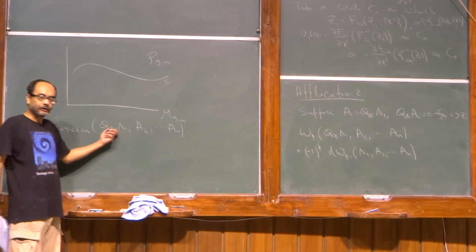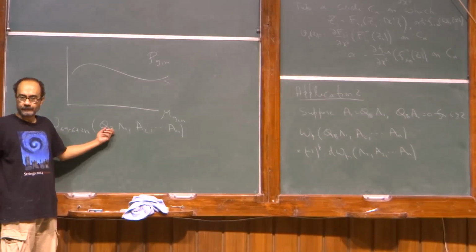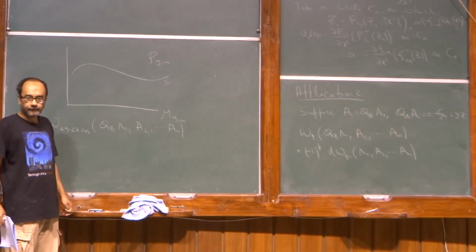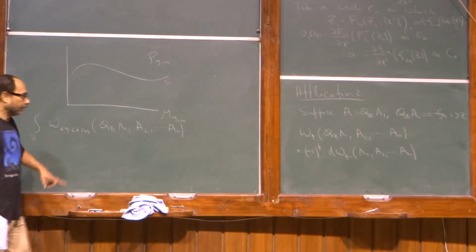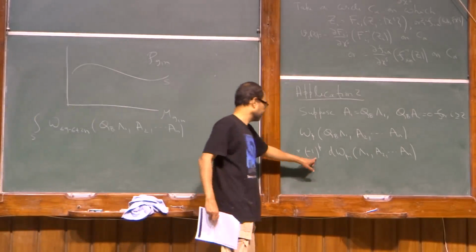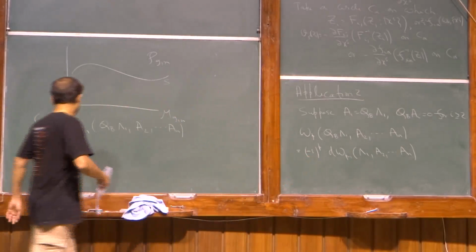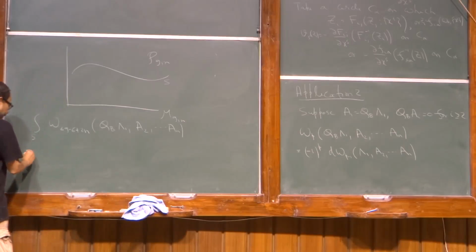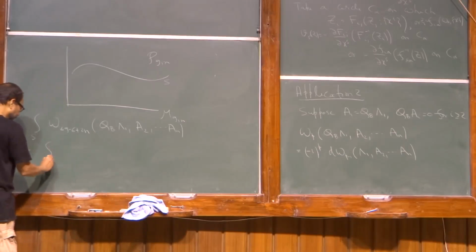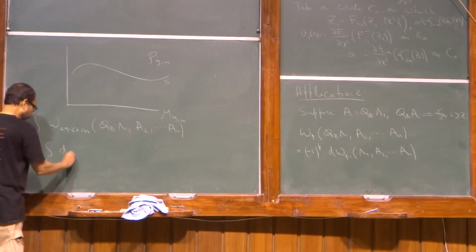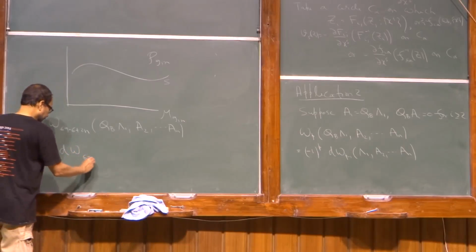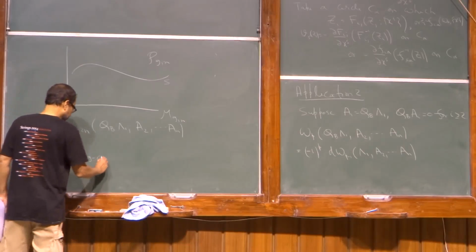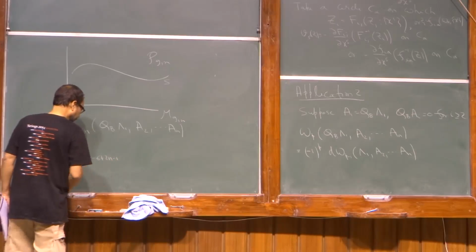But one of these is actually BRST trivial, and it's QB lambda 1. So now using this identity, 6g minus 6 plus 2n is even. So using this identity, we say that this is the integral over S of d omega 6g minus 6 plus 2n minus 1.